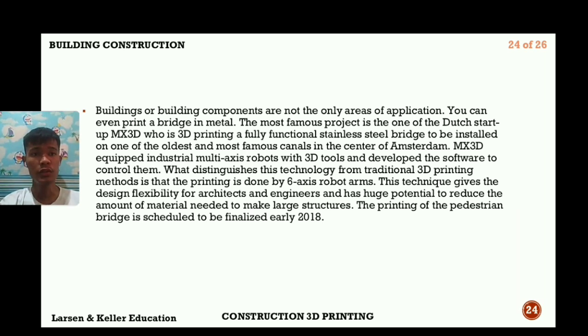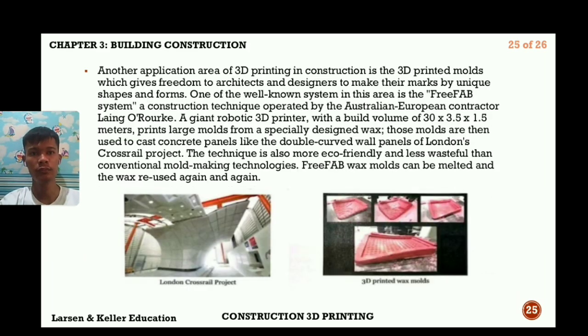What distinguishes this technology from traditional 3D printing methods is that the printing is done by 6-axis robot arms. These techniques give design flexibility for architects and engineers and have huge potential to reduce the amount of material needed to make large structures. And the printing of the pedestrian bridge is scheduled to be finalized early in 2018.